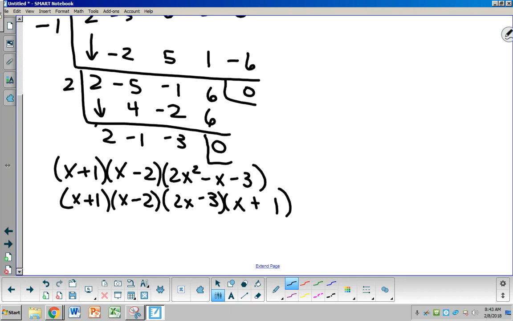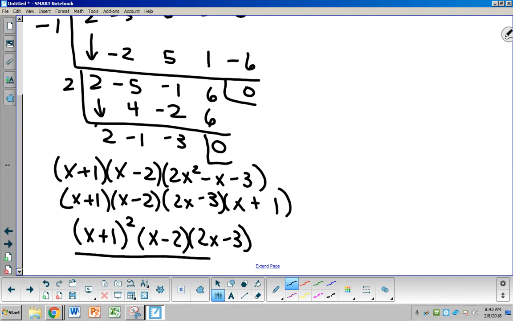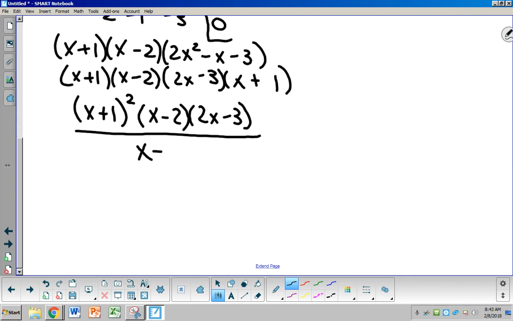Oh wow, it looks like I have x plus 1 quantity squared, x minus 2, and then 2x minus 3, all over x minus 7, and I said I wanted the ones when it's greater than 0.